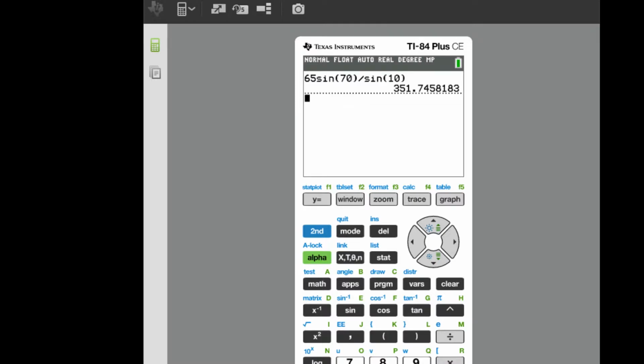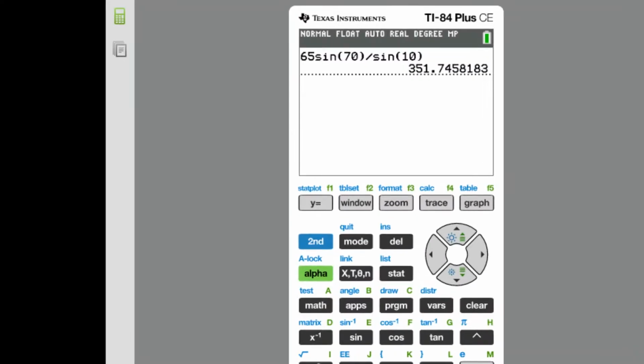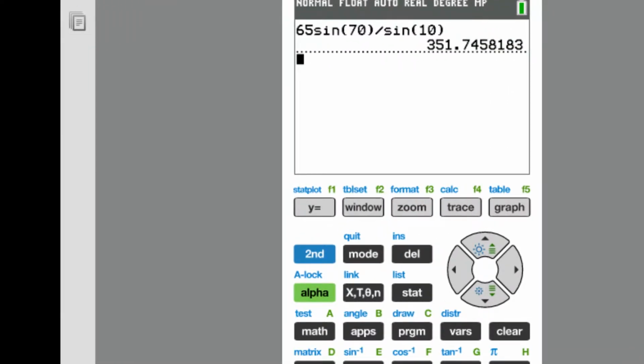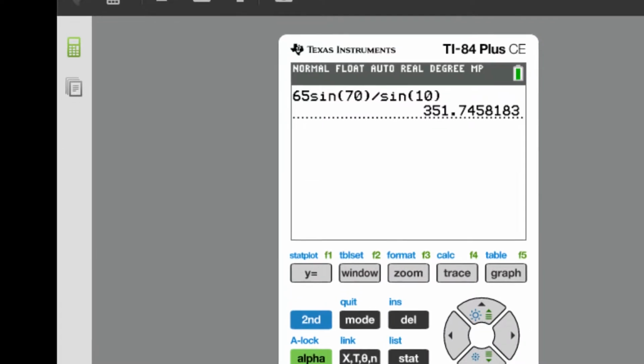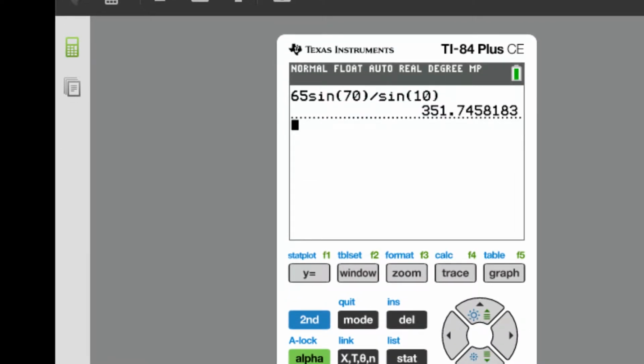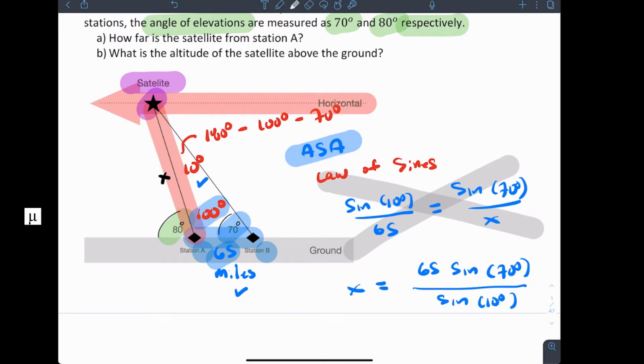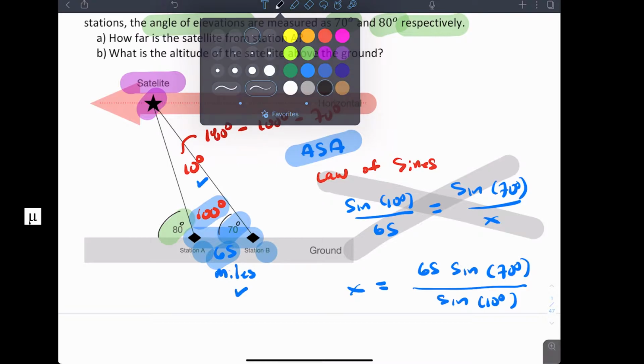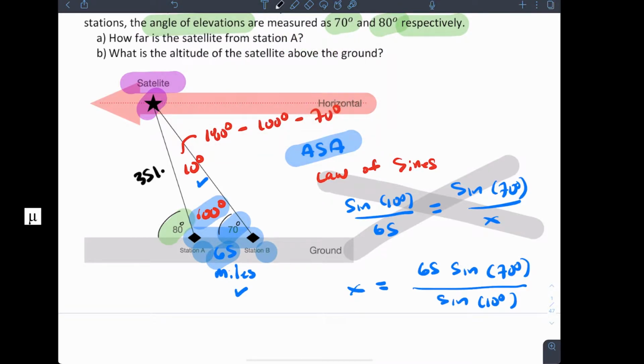Let's go to the nearest tenths again. 351.7 miles, I guess. Is that right? 351.7. And that's what we just found. Okay? 351.7 miles.